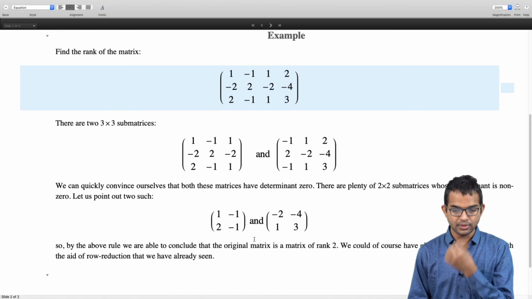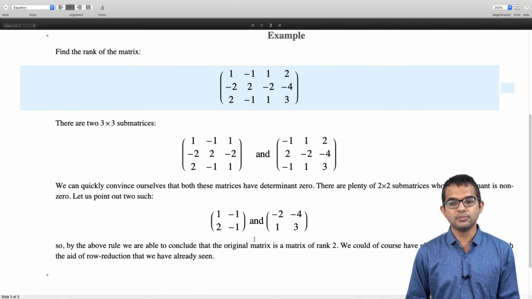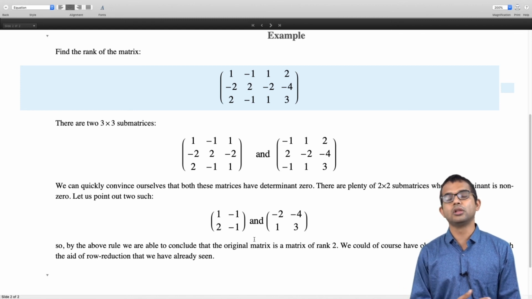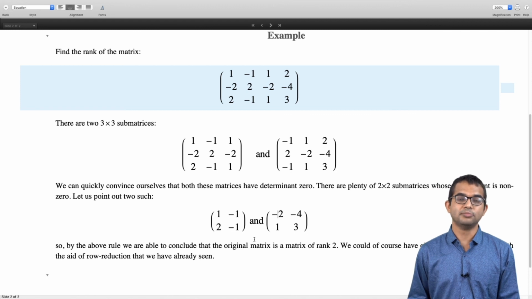To eliminate the possibility of rank 3, you have to look at all possibilities. If you show that all the possible 3 by 3 submatrices have determinant 0, then for sure the rank is less than 3. If you want to establish that it's not even rank 2, or lower, then again you have to go over all the possible 2 by 2 submatrices.